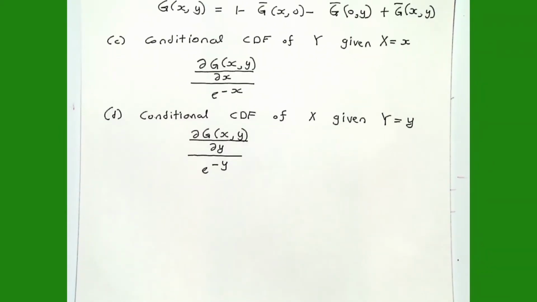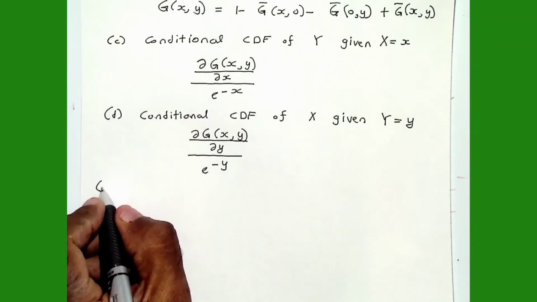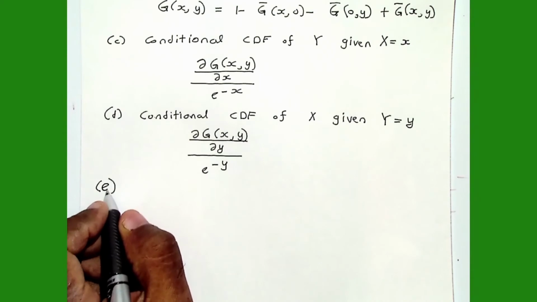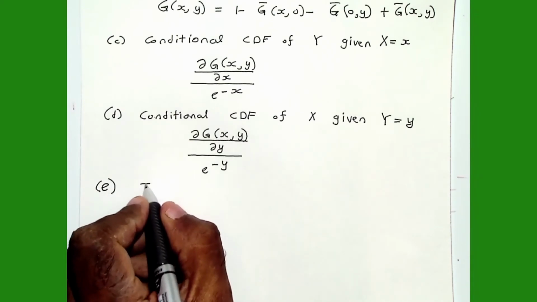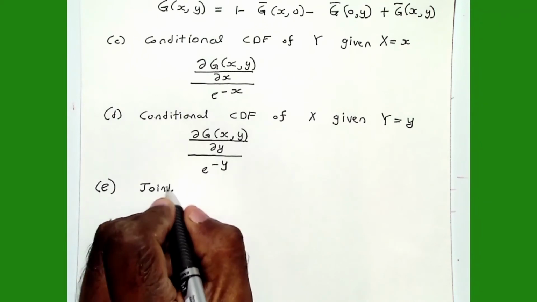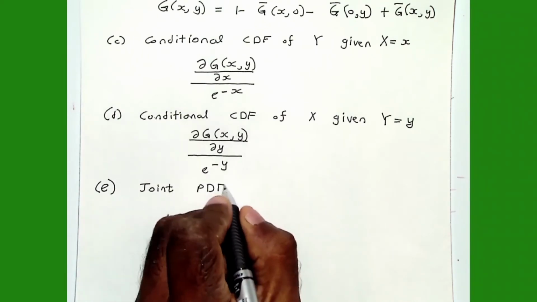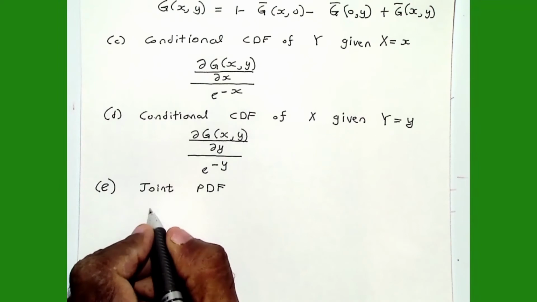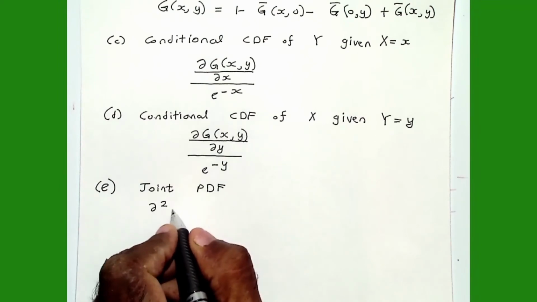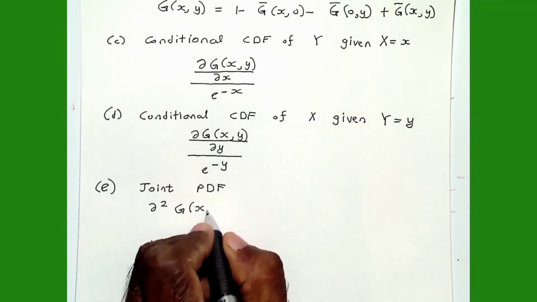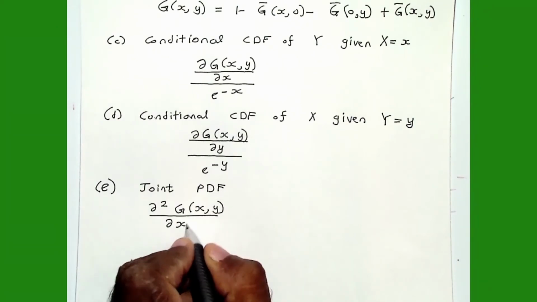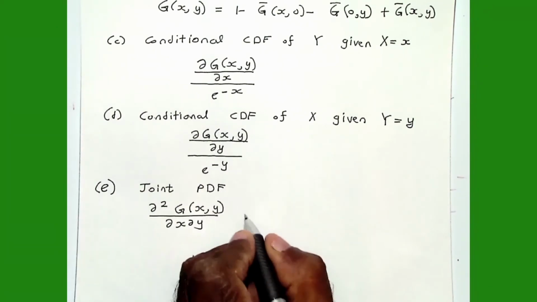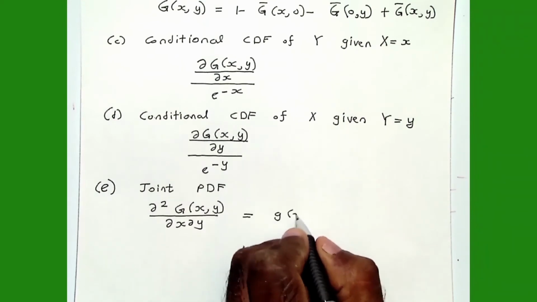And to do part E, which is asking you for the joint PDF, you will use the following. So it will be the double derivative of the joint CDF with respect to x and y. So let me call this little g of x, y, okay?